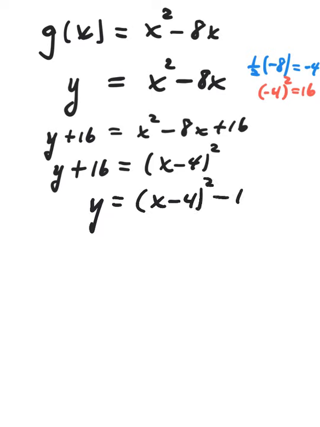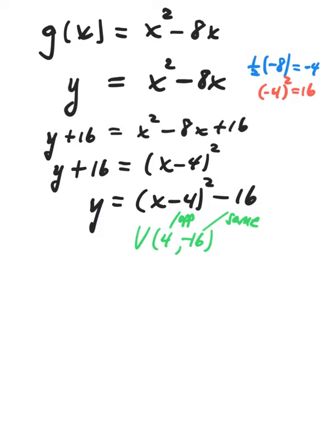Now what this does is it's the same function, it's the same equation, it's just in a different format. If you go opposite and same, opposite and same, you will get the vertex.